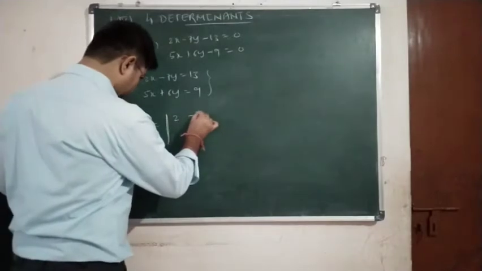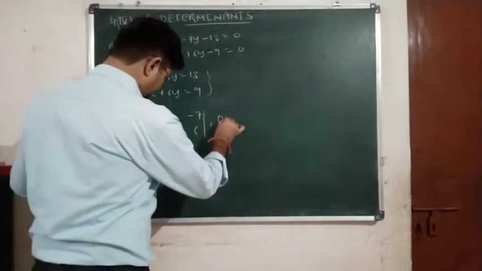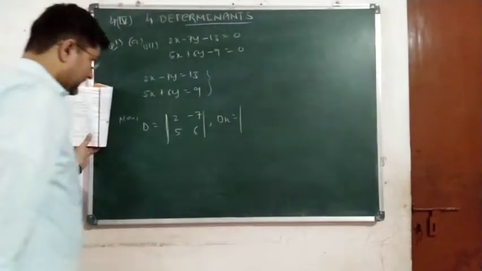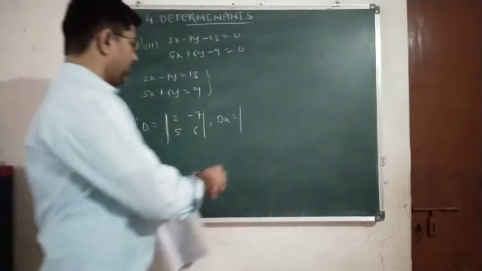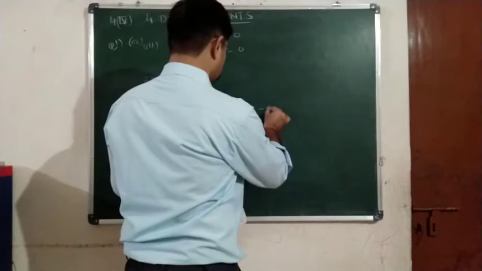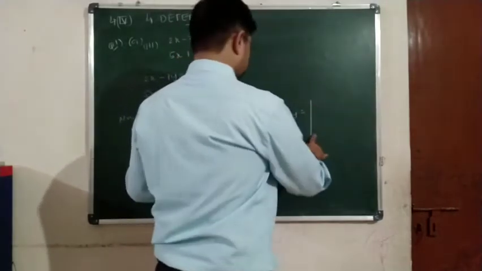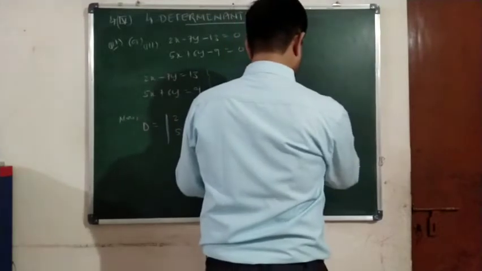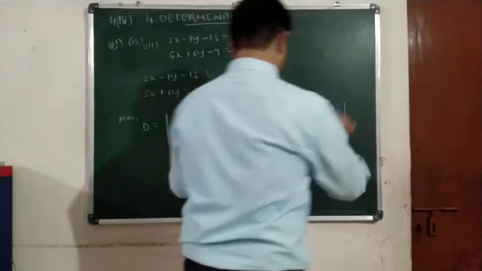So 2 minus 7 5 6. Similarly we will find dx. In dx, the coefficients of x will be replaced by the constant terms. 13 9 minus 7 6, and similarly dy. Dy will be 2 5 13 and 9.